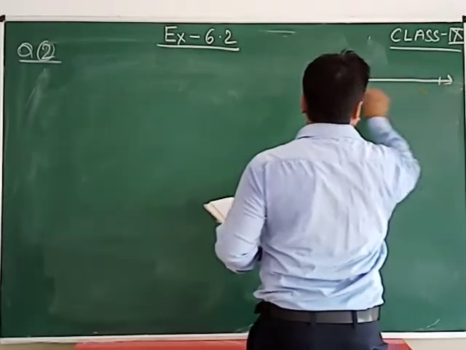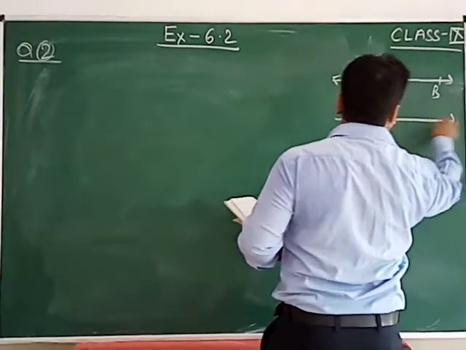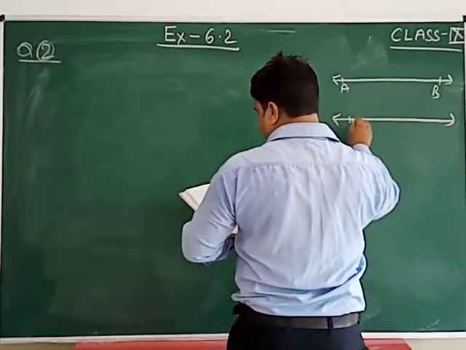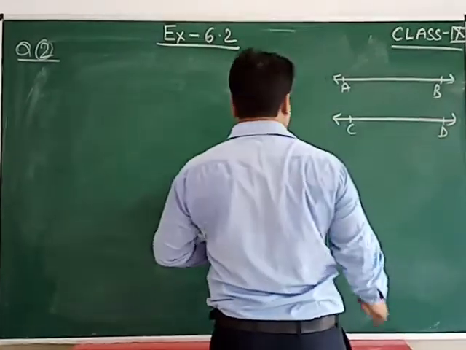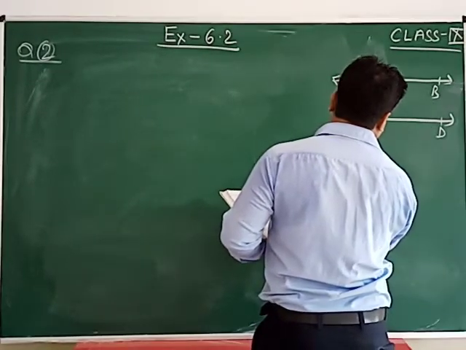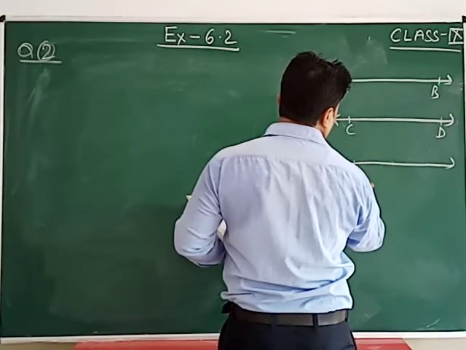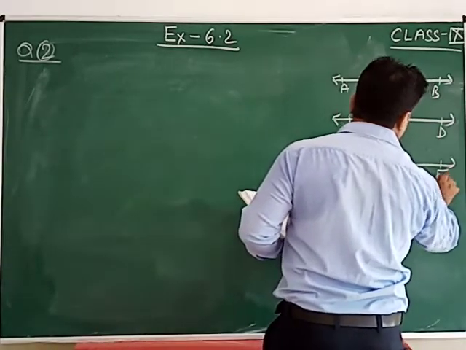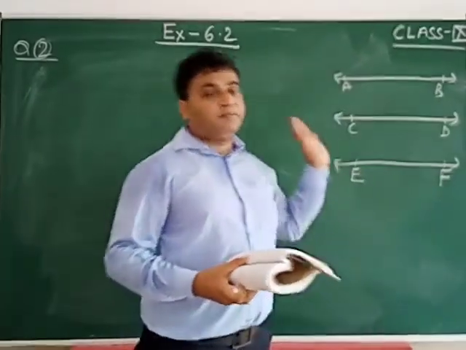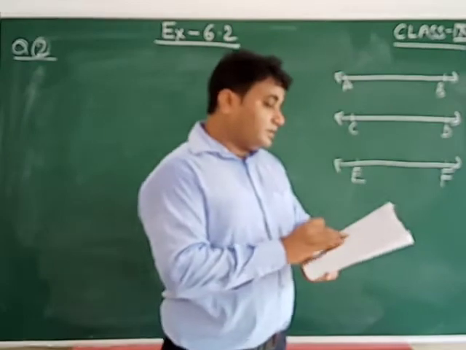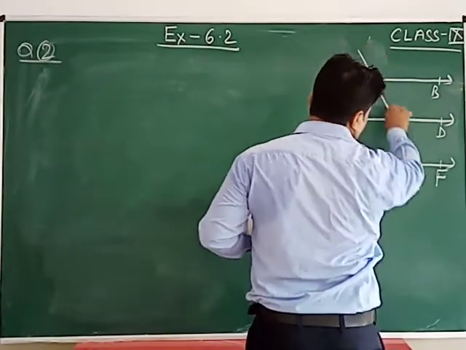AB parallel CD and CD parallel EF, meaning all three lines are parallel to each other. And there is a transversal line that intersects these three lines.